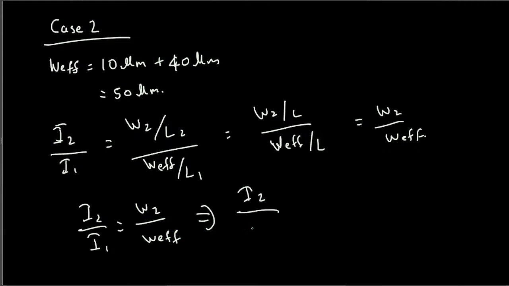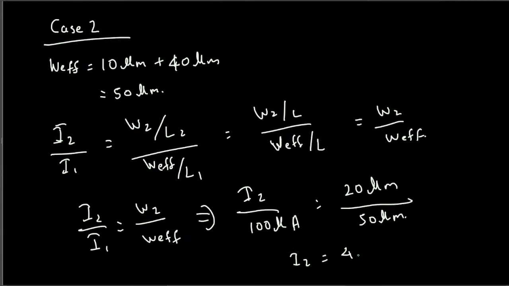I2 divided by I1 is 100 microampere, equal to W2, that's 20 micrometer, divided by W efficient, that's 50 micrometer. So this is 2 over 5 times 100. 100 divided by 5 is 20, and 20 times 2 is 40. So we get I2 to be 40 microampere in this case.